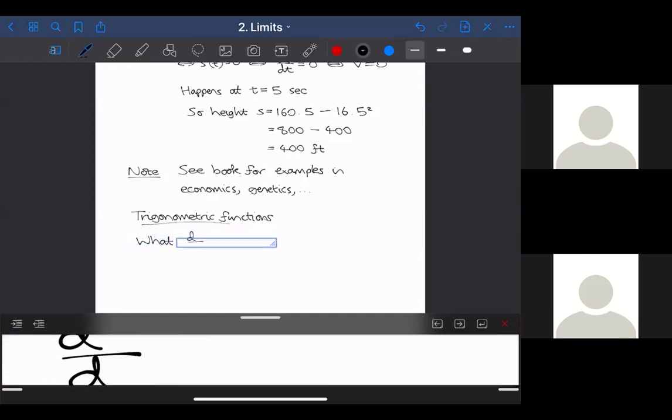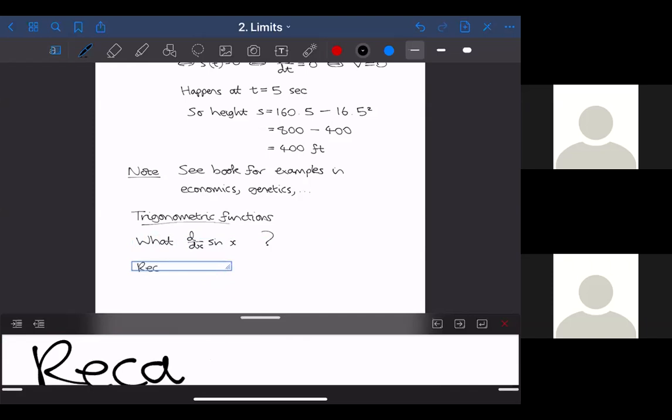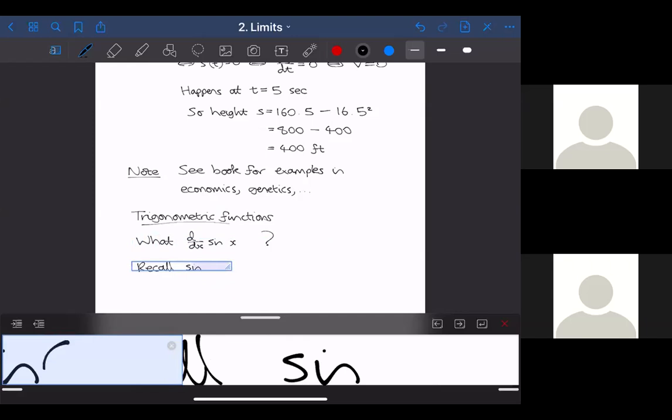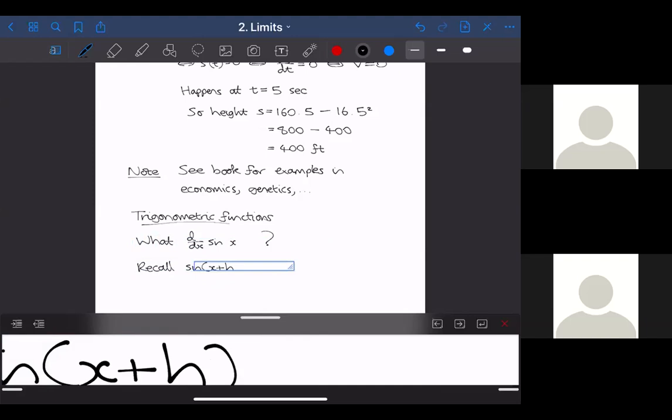So what is the derivative of sine? First recall some identity we had, the angle addition identity, for the sine of a sum of two angles.